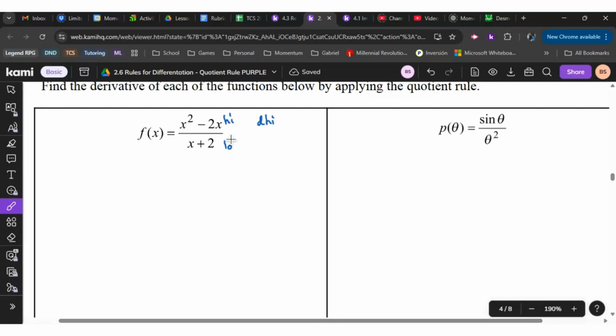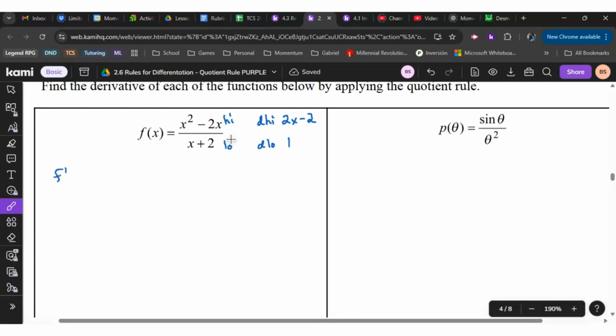What's d high, the derivative of this top one? 2x minus 2. D low, what's the derivative of x plus 2? It's a nice easy one. Just 1, because the 2 goes away.